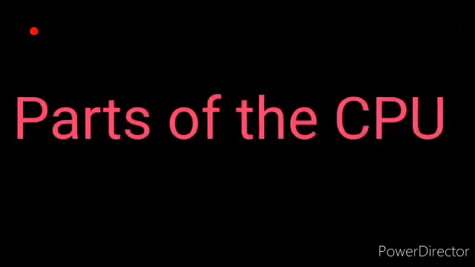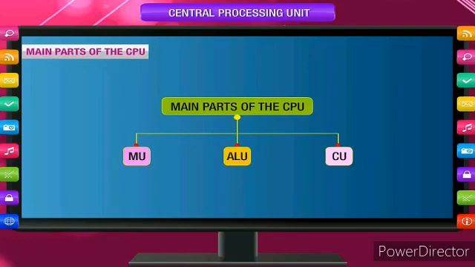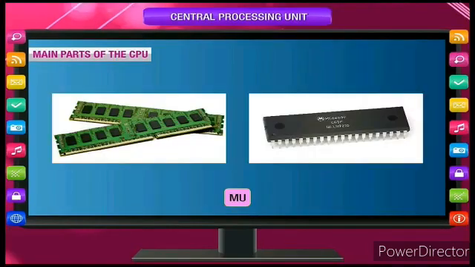Now we are going to discuss the parts of the CPU. The three main parts of the CPU are MU, ALU, CU. MU: the memory unit stores the information temporarily for making calculations.